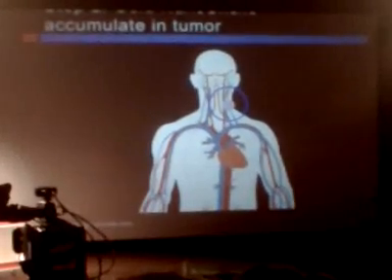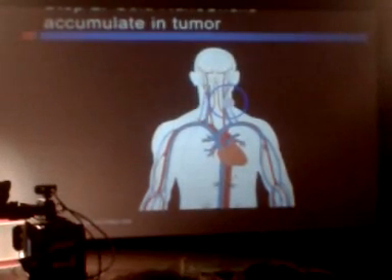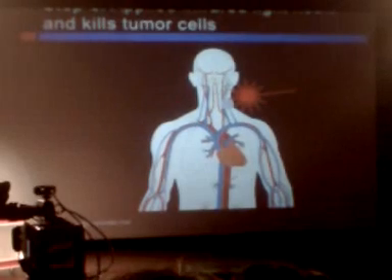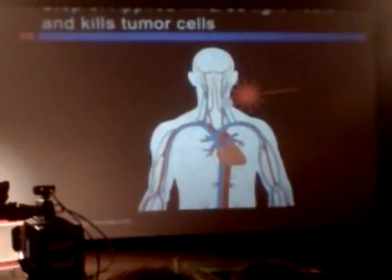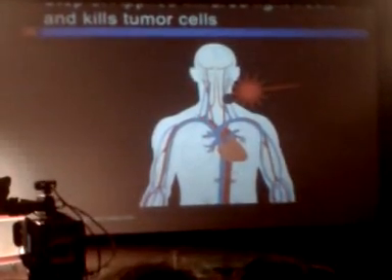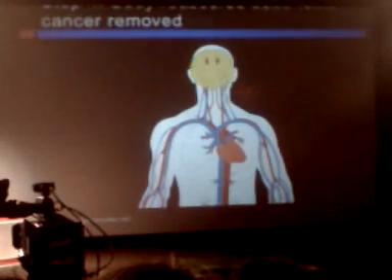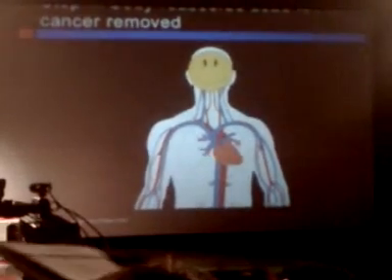There's something specific about the cells in a tumor that cause it to absorb the nanogold shell. You apply infrared light or laser to the site of the tumor. That causes the gold to heat up, which then kills the cells. Your body then reabsorbs the tumor and those dead cells, and the tumor is gone.